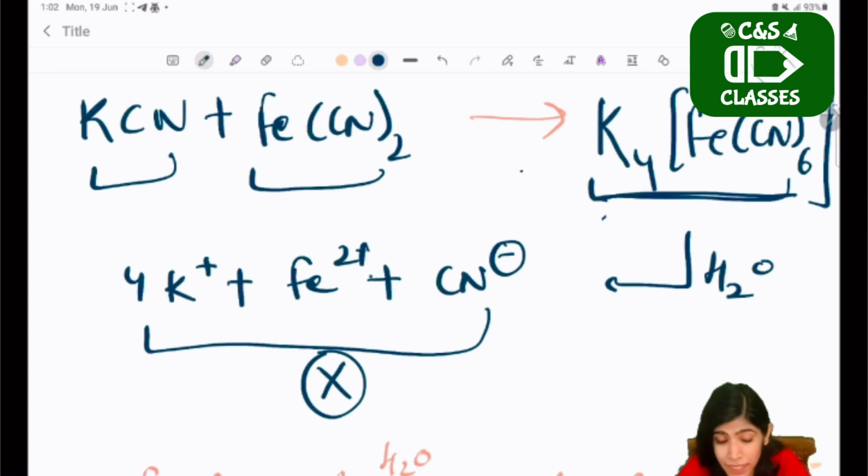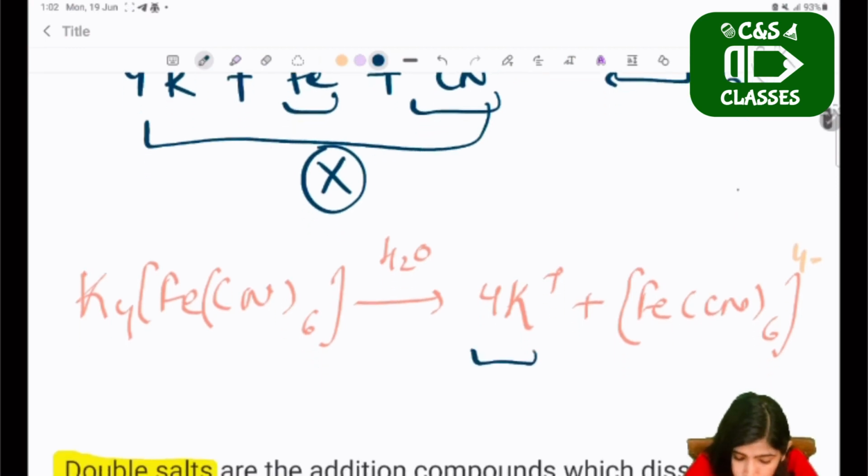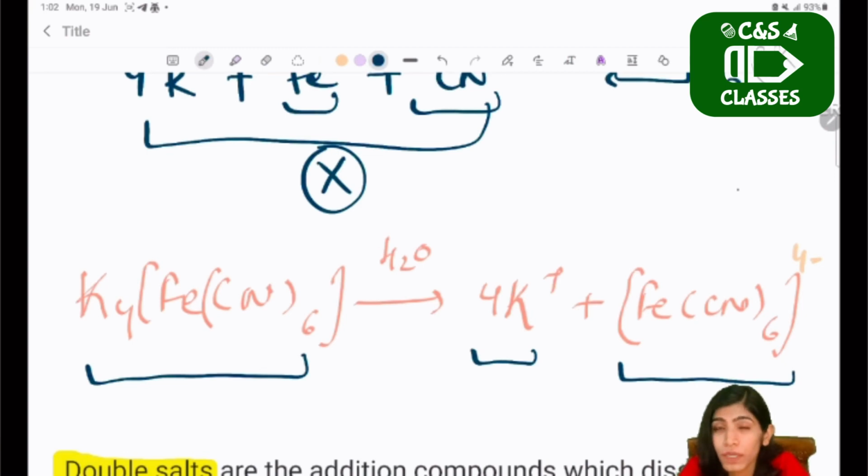Rather, we are not getting Fe2+ ions and CN- ions. We are getting only 4K+ ions and this hexacyanoferrate ion. We can say that after dissolving this coordination compound in water, it is not losing its identity. It is retaining its identity and it is not getting dissociated or ionized into its constituent ions.